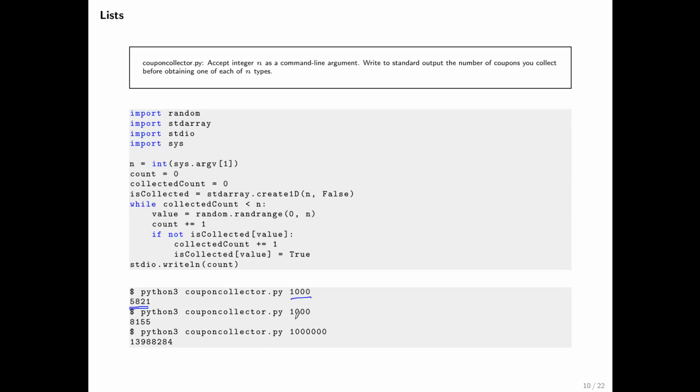And then here we run it again with n equals 1000, and it comes back with a different number than before, and that is to be expected because this is a random process after all. So here it says you have to collect about 8000 cards until you have one each of the 1000 types. And then here we run it with n equals 1,000,000. The program comes back with this number.